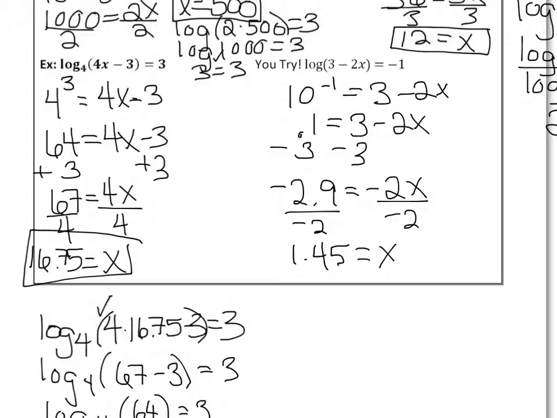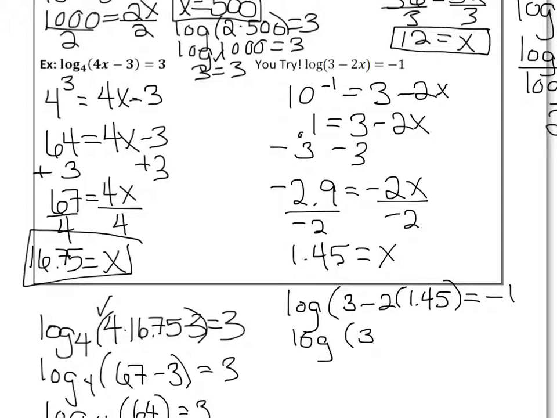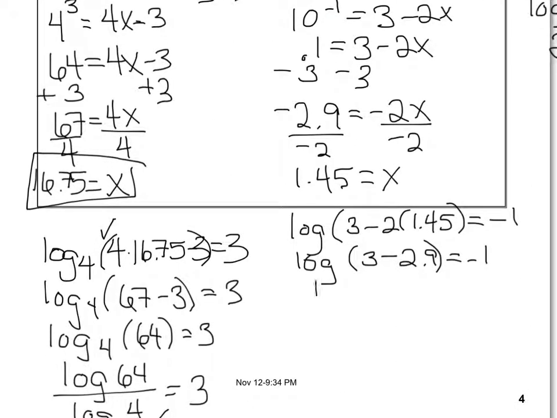You still had to check it, so we go log of 3 minus 2 times 1.45 for x. Simplifying inside, 2 times 1.45 should be 2.9. Three minus 2.9 should be 0.1.